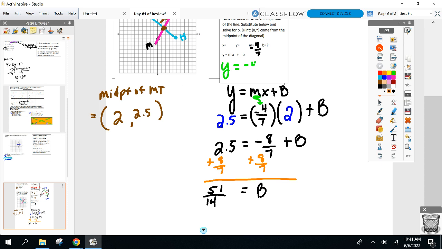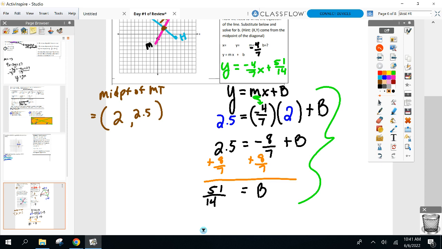Okay, negative 4/7 x, and then what did we just find the y-intercept to be? Our b value. Plus 51/14. Not the greatest. Probably won't be that extreme, but slope, y-intercept. You've got to write the equation of the line. You need those two things.